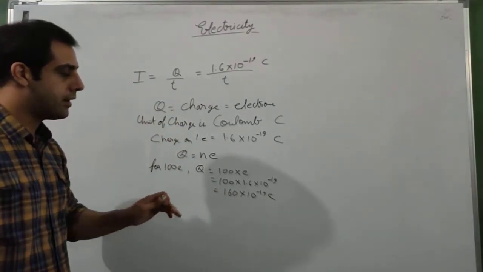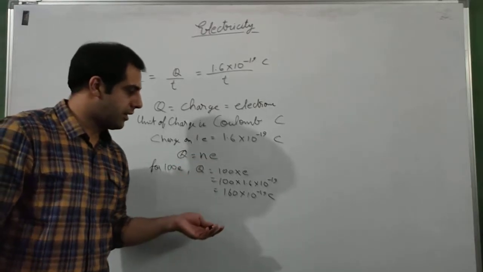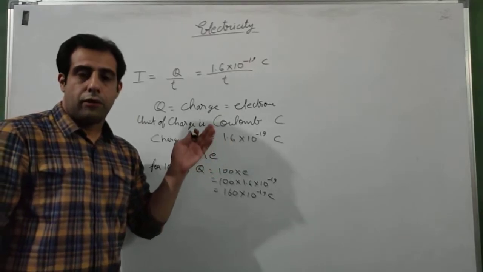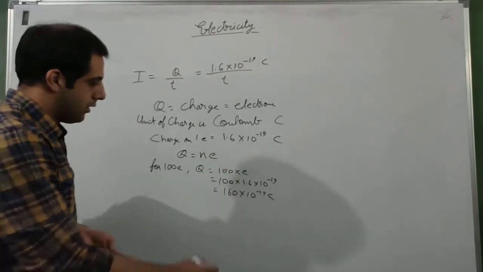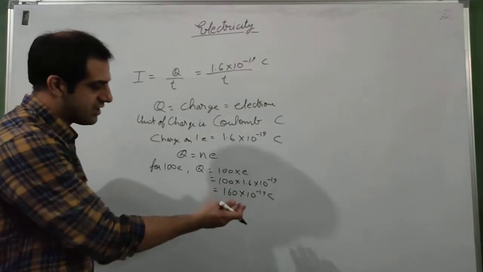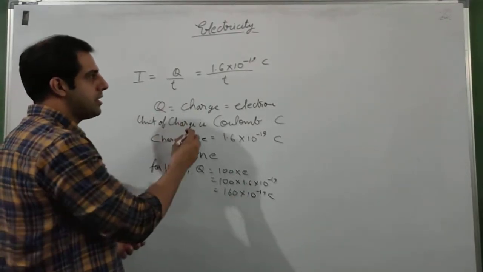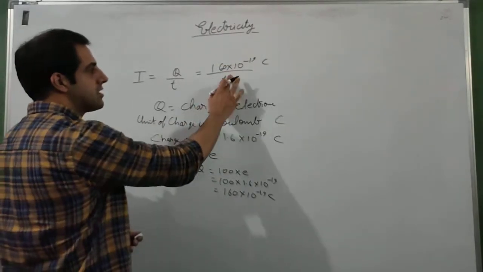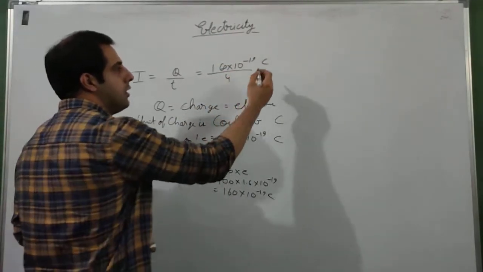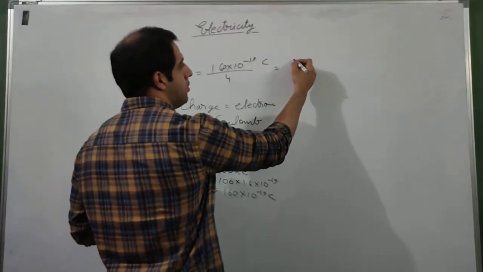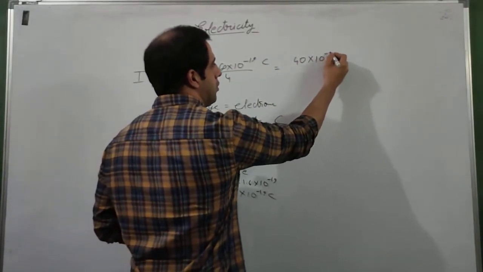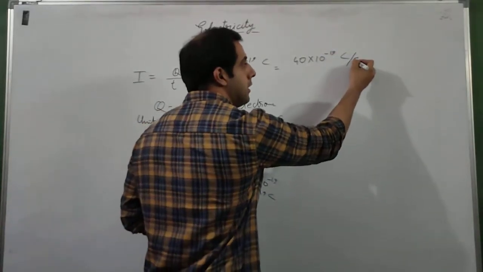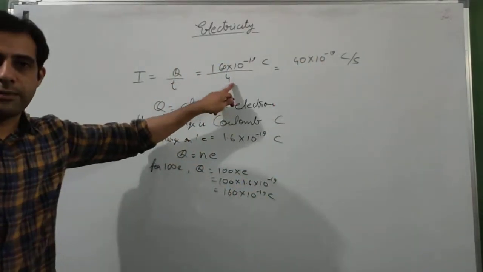Now you can find out the current. Suppose it is given in the question that this much charge is flowing in a conductor for 4 seconds, then what will be the current? The current will be equal to 160 into 10 to power minus 19 divided by 4, which is 40 into 10 to power minus 19 coulombs per second, because there is time in the denominator.